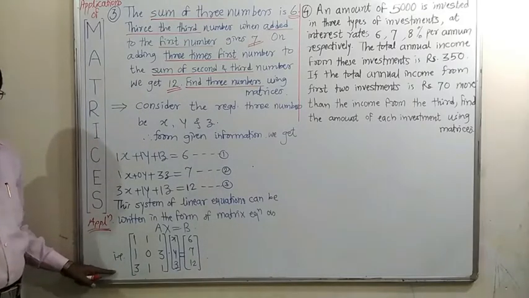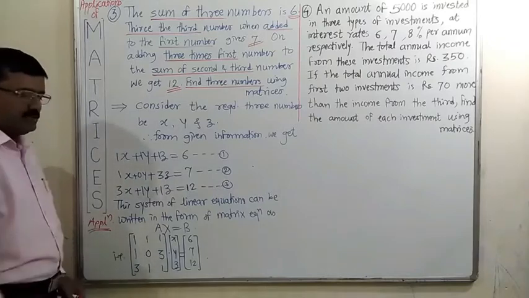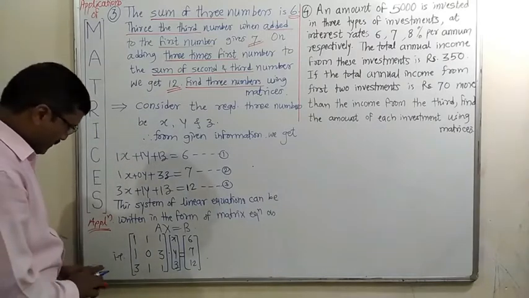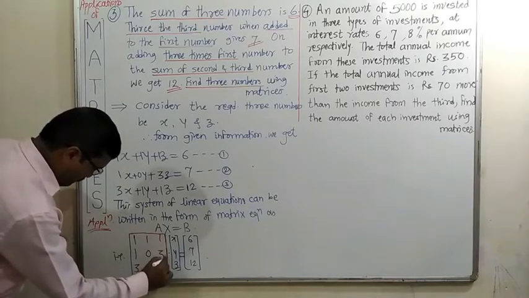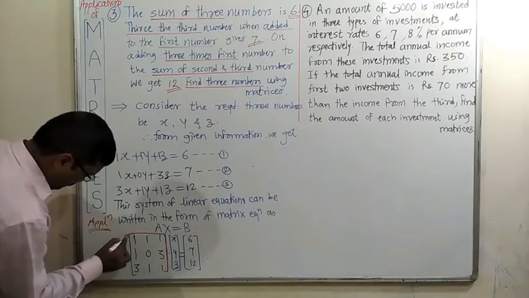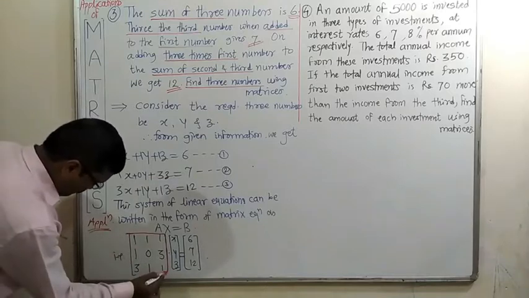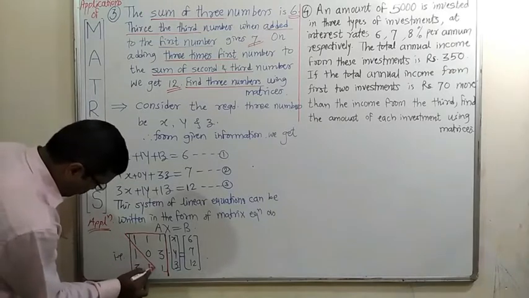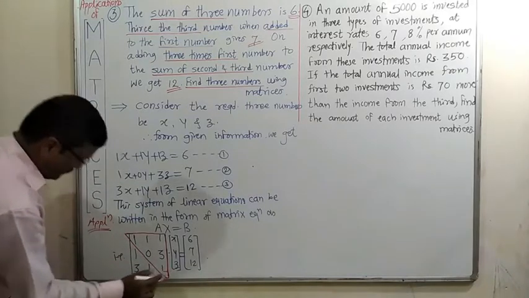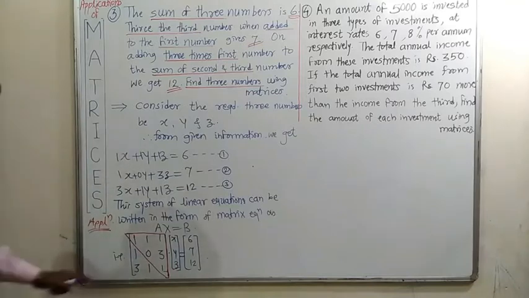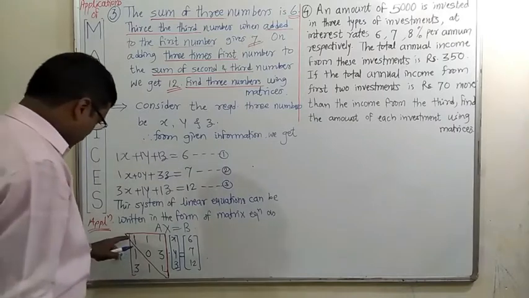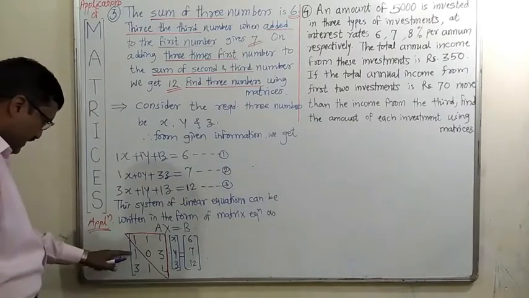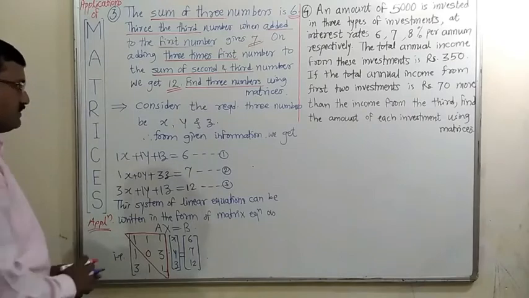Now in the next step, what we will do? We will convert this matrix into upper triangular matrix. This is our upper triangular matrix. So that we will make these three elements, 1, 3 and 1, zero. Already 1 is here, so we can easily make this 1 and 3 as 0.